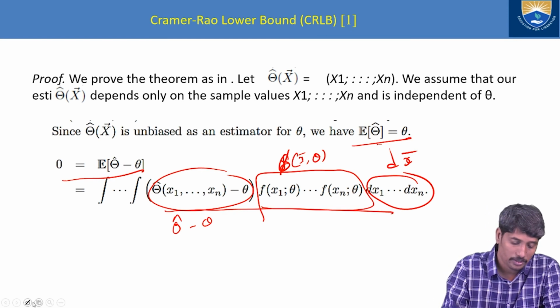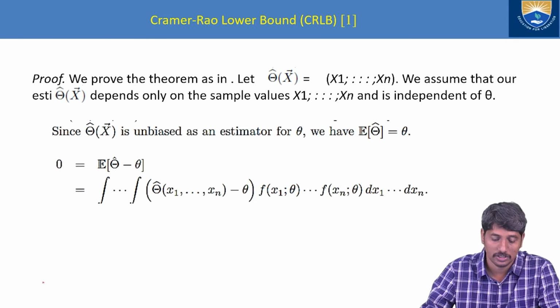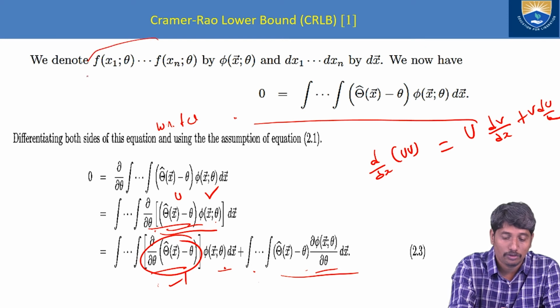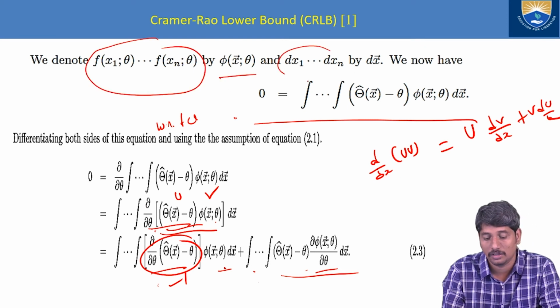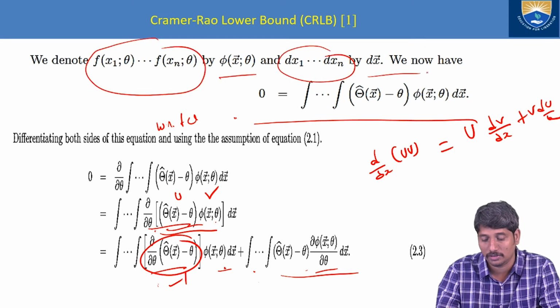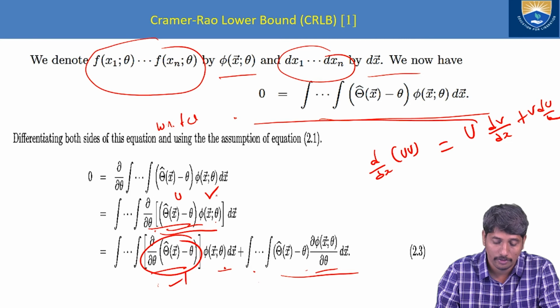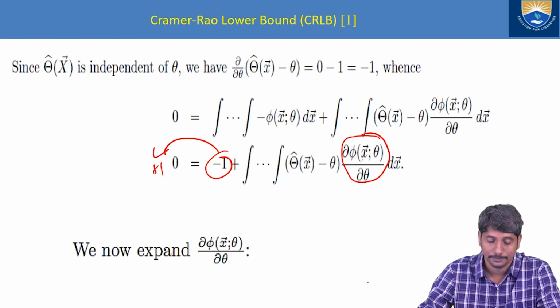Then by having a notation of the product as this, and the product of derivative as this, we will get this. And then partially differentiating with respect to theta on both sides, we have arrived at this. And by using the UV rule, u into v's derivative and v into u's derivative, we have arrived at this.